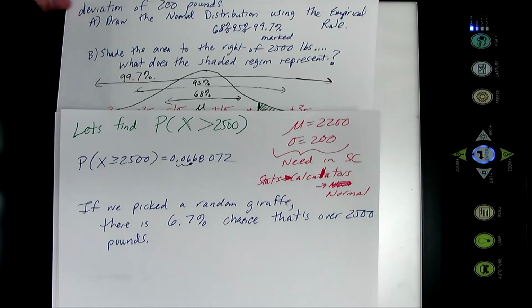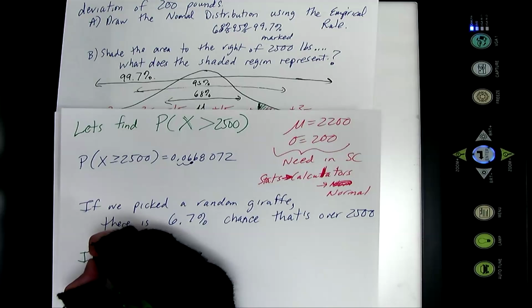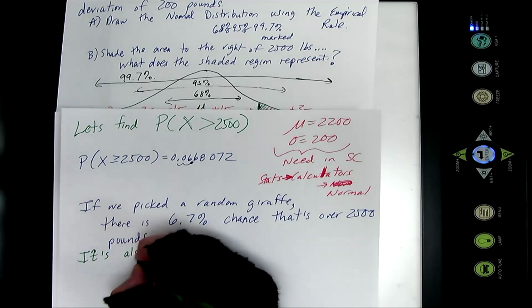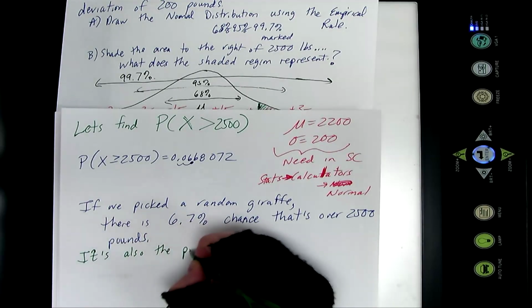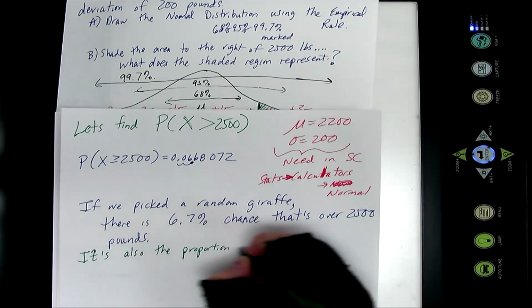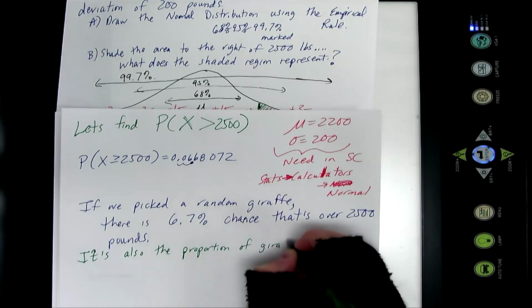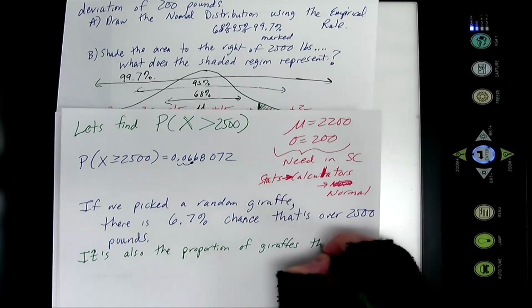What was the other thing that the shaded region represented? That is correct. You got that part right, you got it half right. It's also the proportion of giraffes that weigh more than 2,500 pounds.